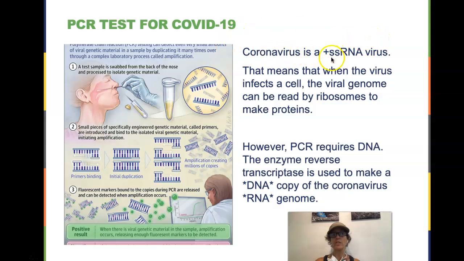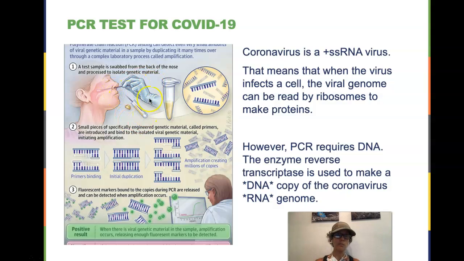The coronavirus is a positive sense single-stranded RNA virus. That means our cells would recognize it like messenger RNA. So our cells would be able to translate that viral genome and make proteins, but PCR requires DNA. So from the nasal sample, and that is how far back some of them go. I've had 2 tests. The first one, they went all the way back. The second one was a lesser swab.